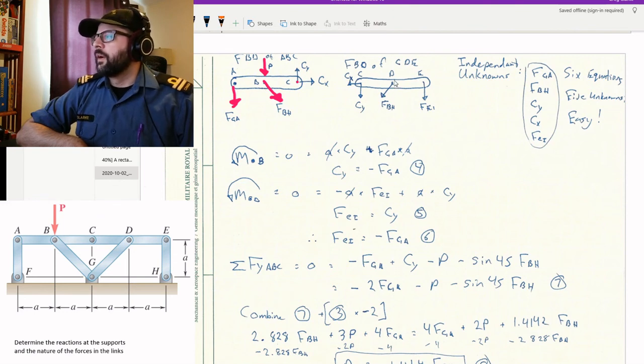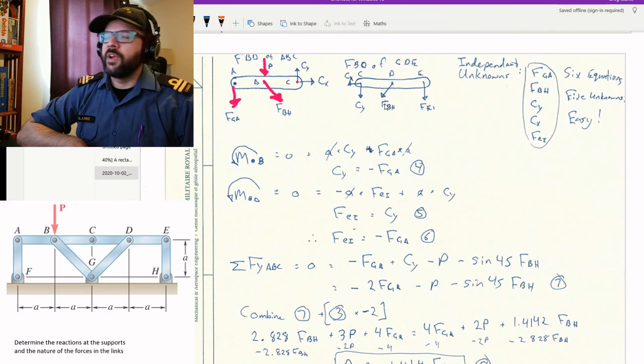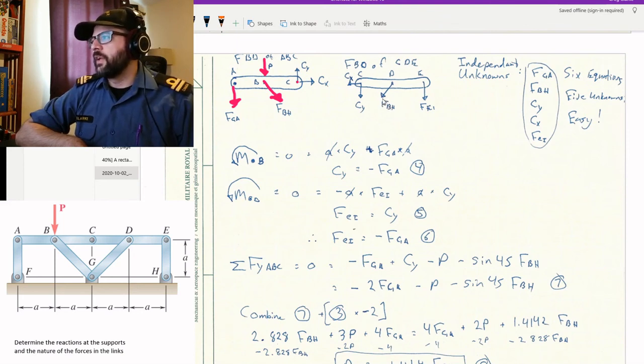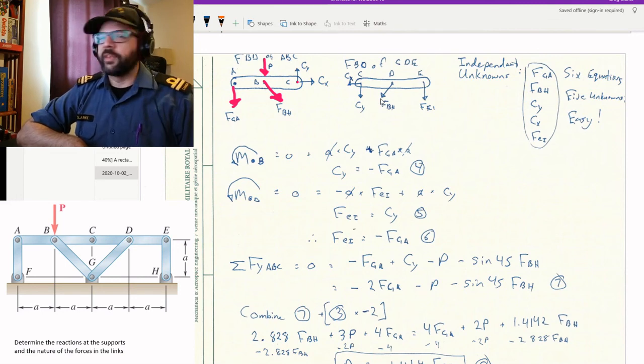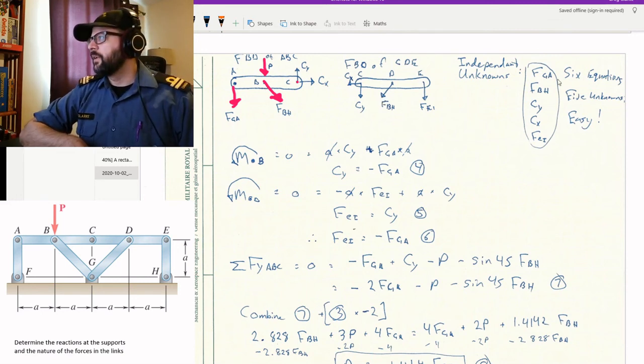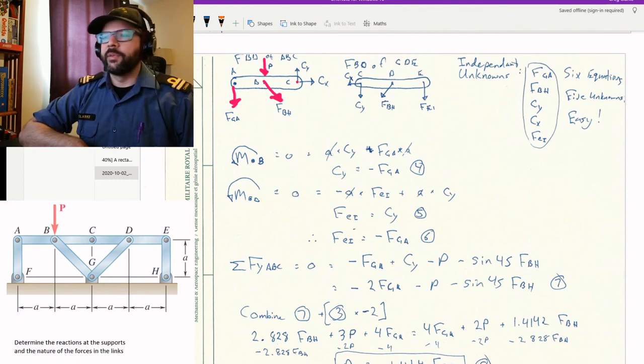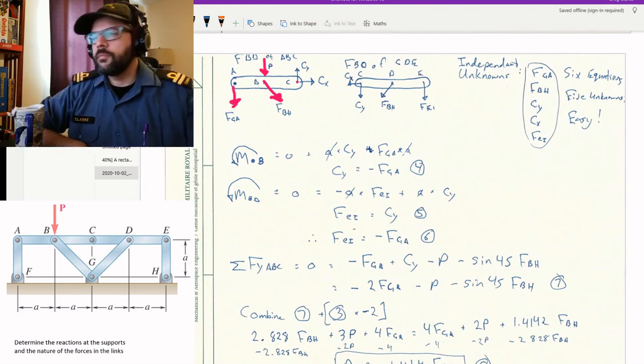And then at D, we've also got the FBH. Again, it's not actually FBH, it's FHD, but those two things are equal, and I want to be working in as few independent unknowns as possible. So the last of the forces we've got is FEI here.